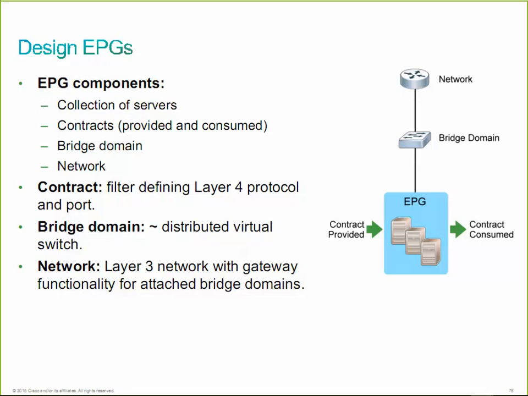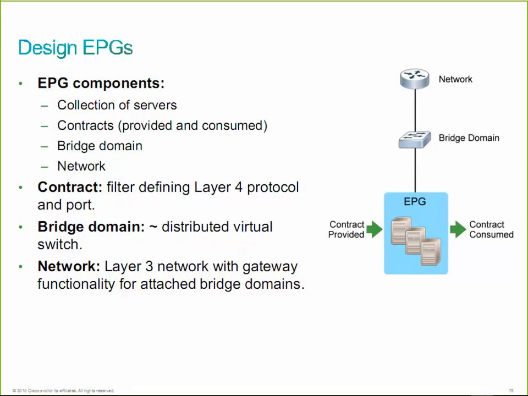We have something called a bridge domain, which is just our distributed virtual switch. And we have the network, which is the layer 3 network with our gateway functionality for the attached bridge domains to apply layer 3 routing between the different bridge domains. We'll get into this in a little more detail as we move through the rest of this chapter.